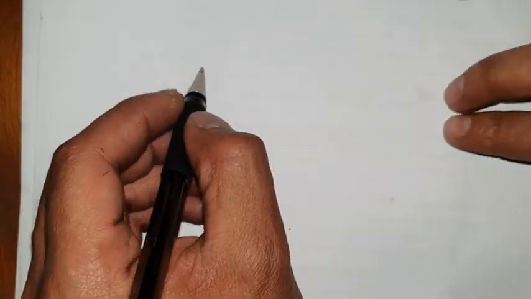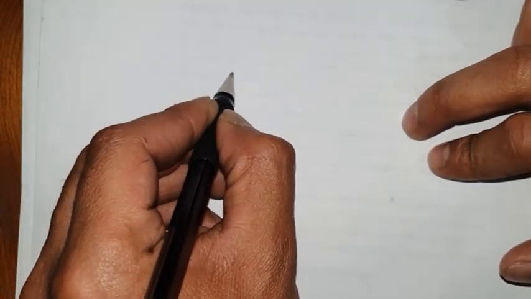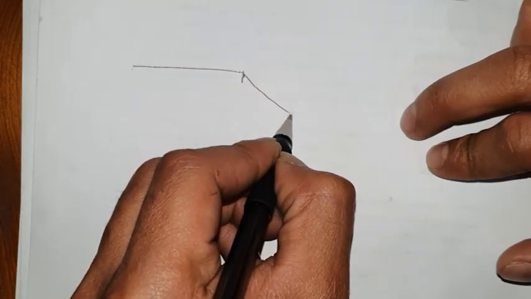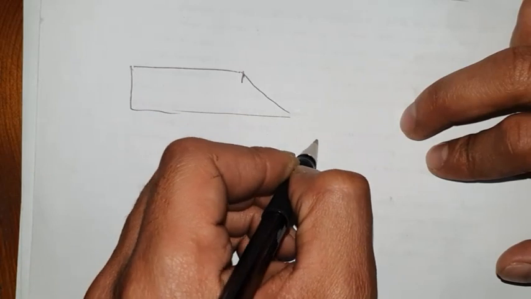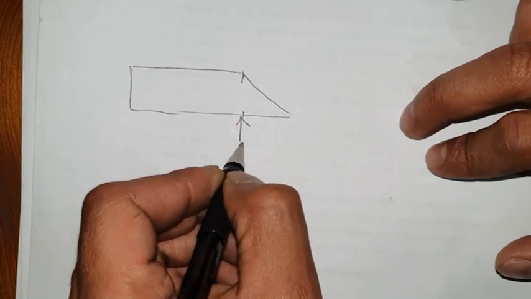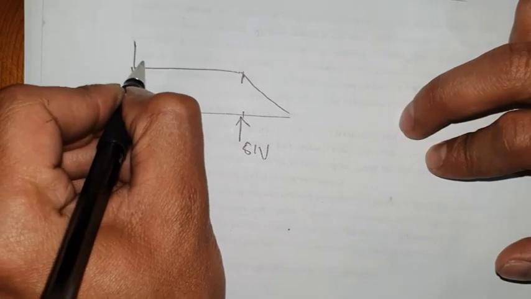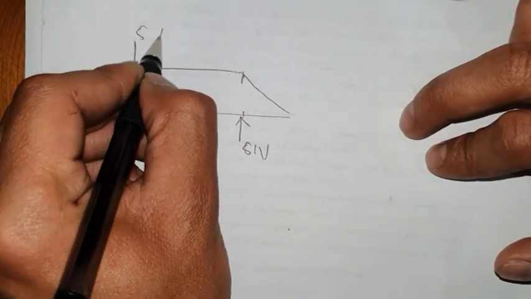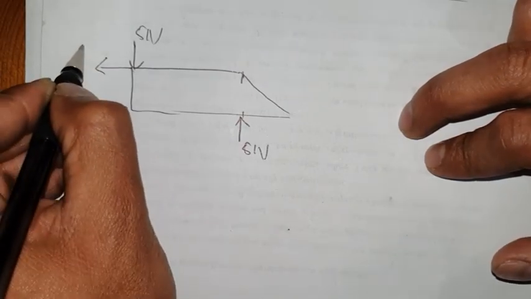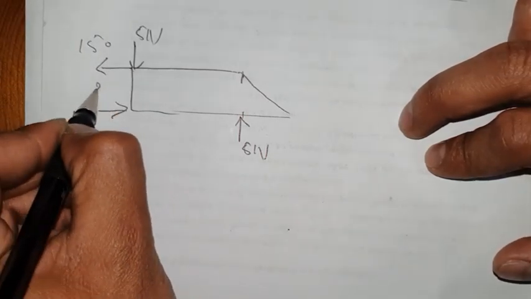So here's another example. First of all, we will draw the free body diagram for this example. We have a shape like this, and we have a force acting from this direction. Suppose this is 5 newtons, and here is its couple, 5 newtons, and here is something like this, 150 newtons, 150 newtons, and the distance is 2 meters.